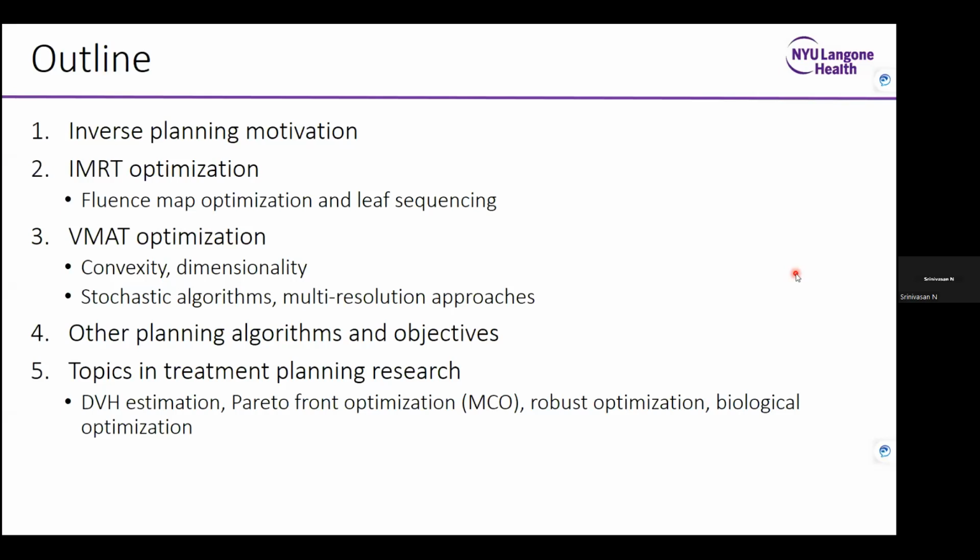And then we'll talk about some other planning adjacent algorithms and specific optimization objectives that can help us to create satisfactory treatment plans. And then finally, we'll just breeze through some topics in treatment planning research just so that everybody's on the same page and aware of the jargon and what's going on when they hear about these topics.